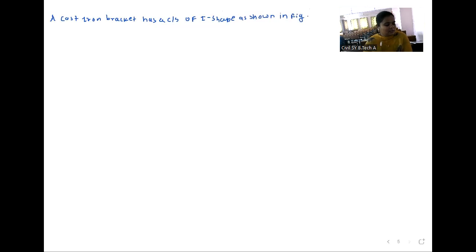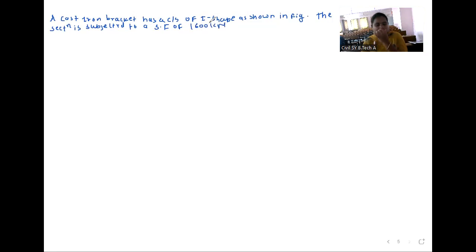The section is subjected to a shear force of 1600 kilonewton.